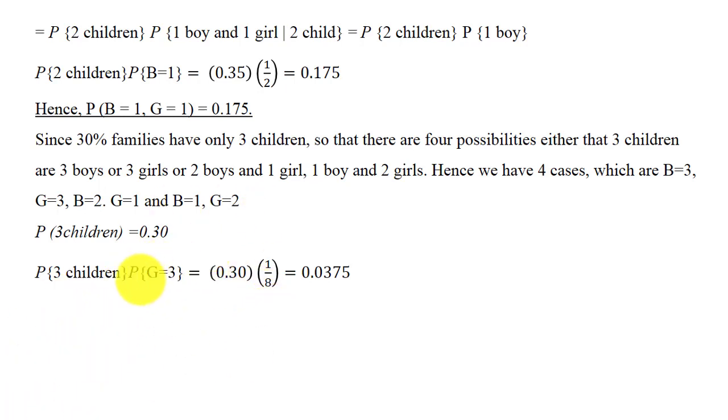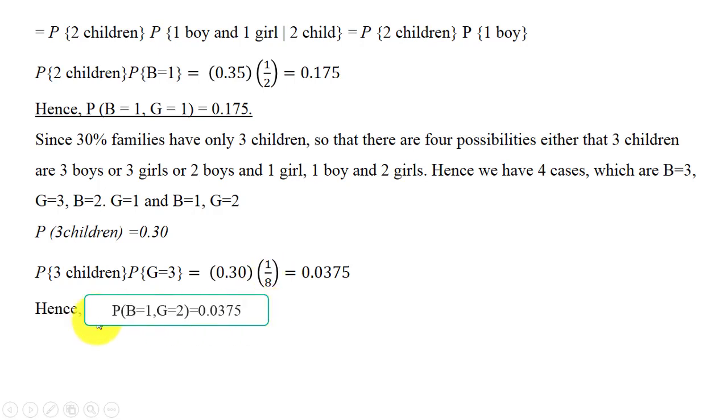The probability of 3 girls is obtained using the binomial distribution, which is 1 by 8 here. Similarly, the probability of getting two girls is given by 0.375, and the probability of getting three boys is given by 0.0375.